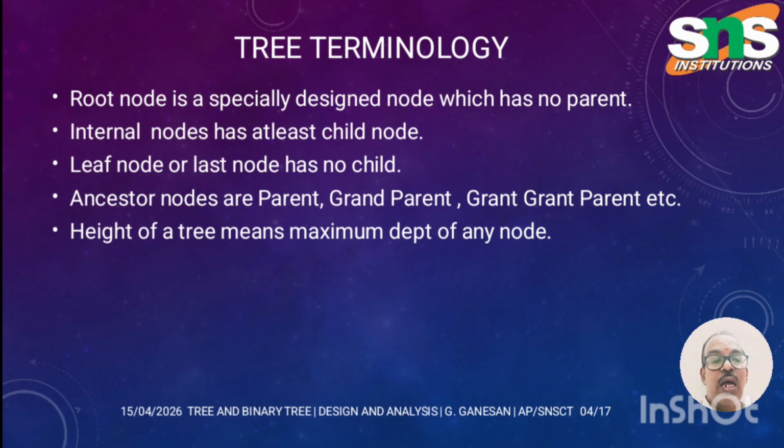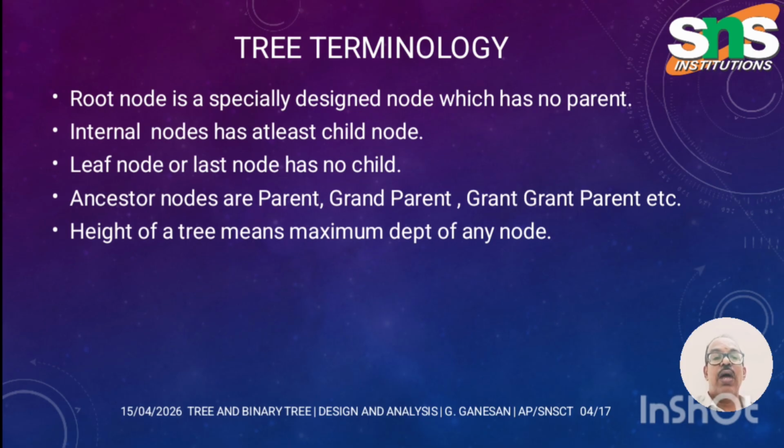At the same time, the last node is also called as leaf node, has no child. So the top of the node is called as root, has no parent. All the remaining nodes have some children. The maximum number of children being 2 means it is a binary tree.